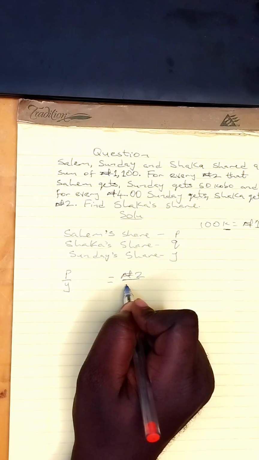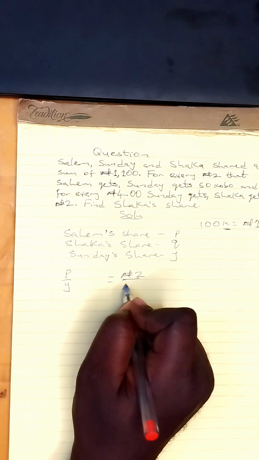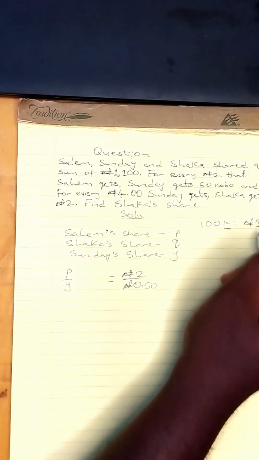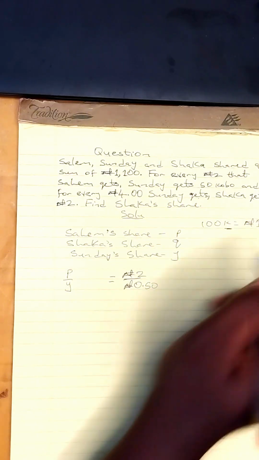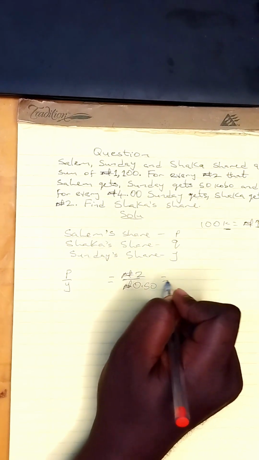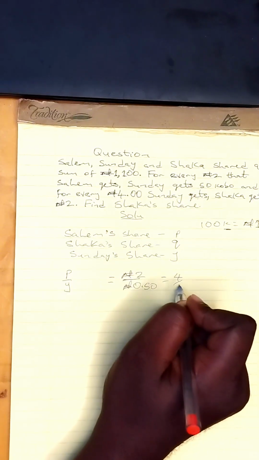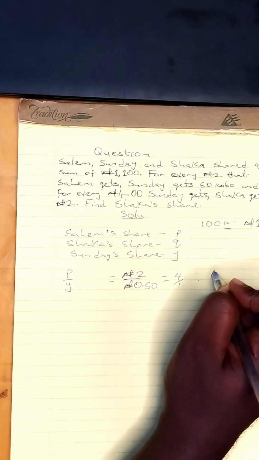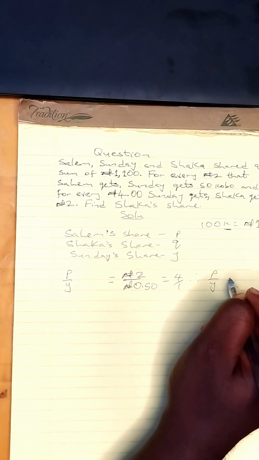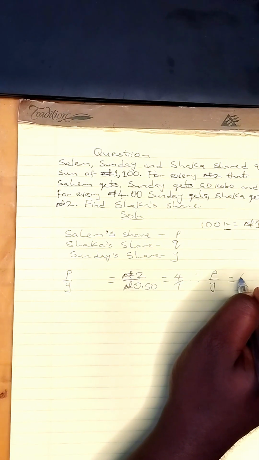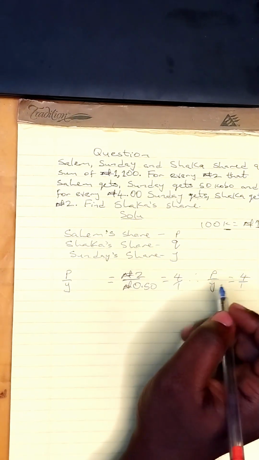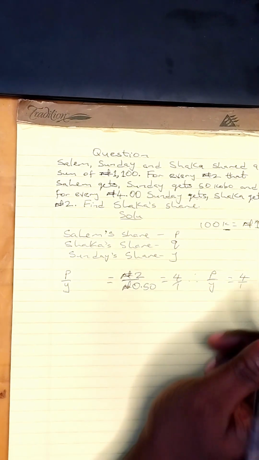We could call it 50 kobo, or we could just keep it as 0.5 using this unit, which gives you 4 over 1. So therefore, P over Y is equal to 4 over 1. That's the ratio of Salim's share to Sunday's share.